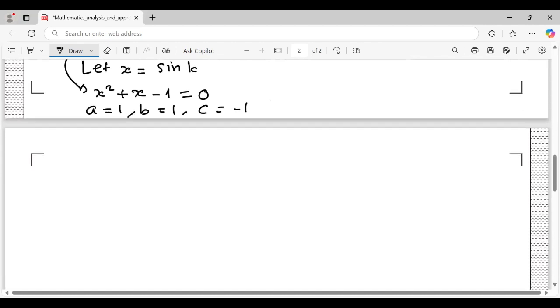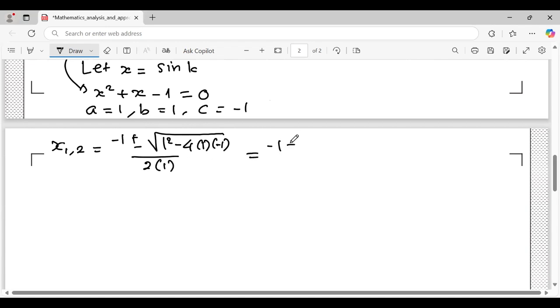I'd like to use the ABC formula to determine the value of sine. x equals minus 1 plus or minus the square root of 1 squared minus 4 times 1 times minus 1, divided by 2 times 1.